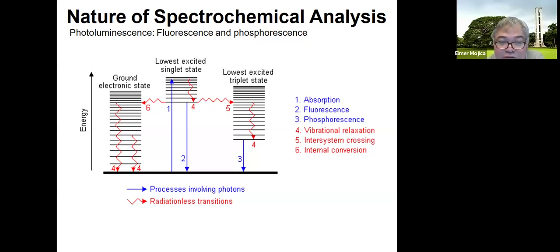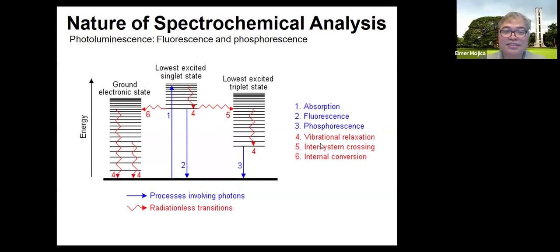Okay, but it has to pass through some event here. But if it passes through here from the singlet state going to the triplet state, that is phosphorescence. Okay? So yung difference nila, yung isa singlet, tapos yung isa triplet. I think that's, we could say, the simple difference between fluorescence and phosphorescence.